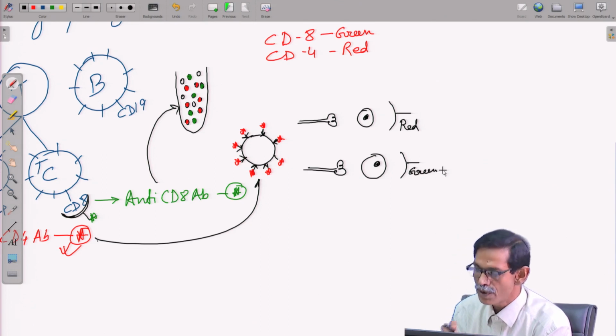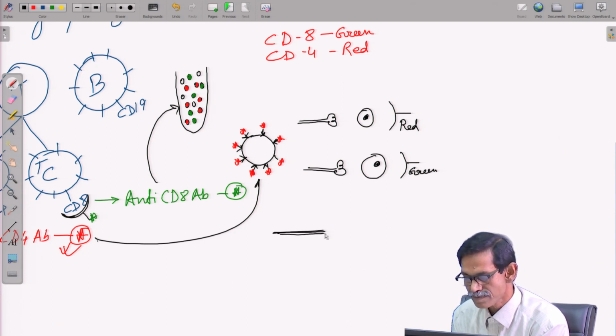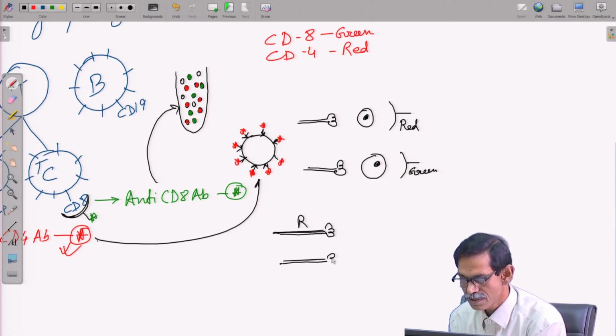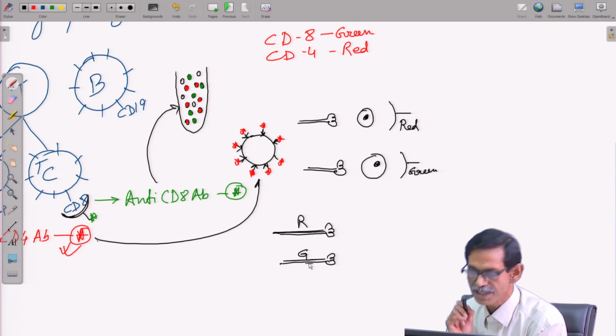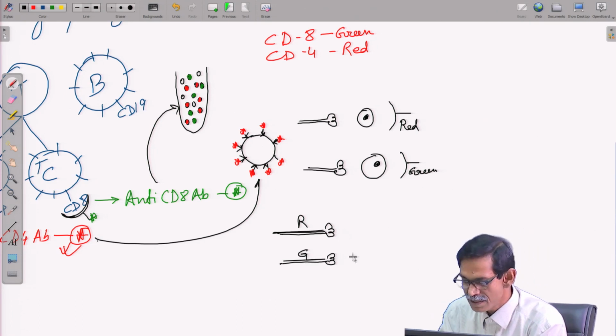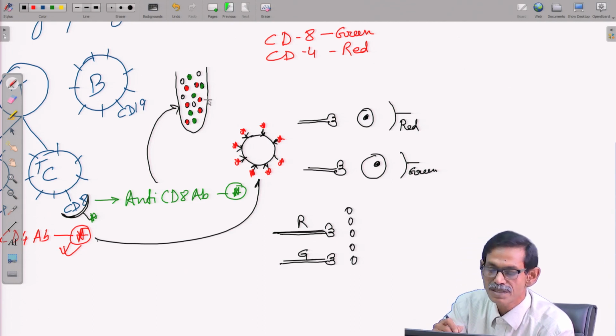Okay. So, in this case, suppose this is the light source for red, this is the light source which is green, and you have the cell here. Okay. The cell, where is it coming from? It is coming from here. Okay, it is coming from here.